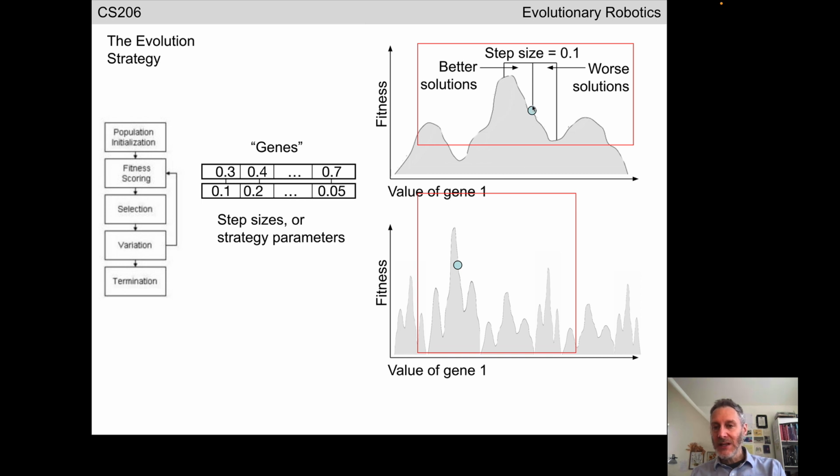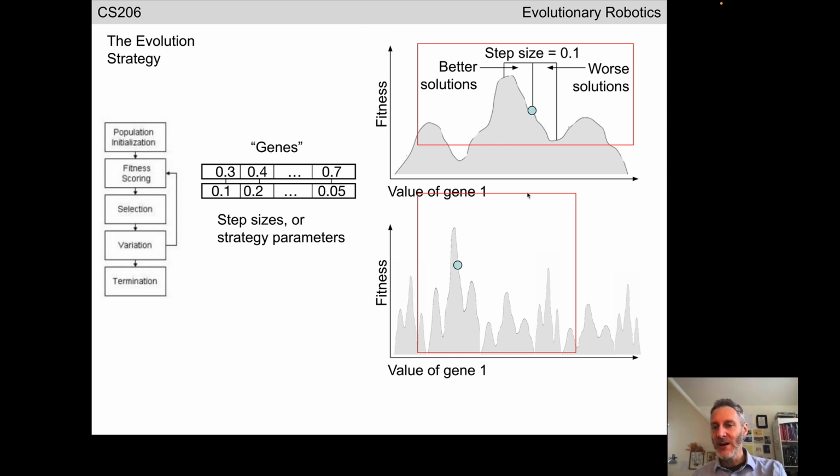If we have just one gene, and here's our parent here, that means the child can be up to 0.1 units to the right of the parent or 0.1 units to the left of the parent, represented by these thin lines here.